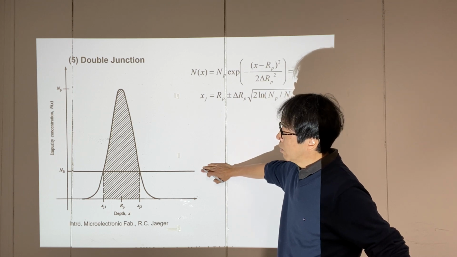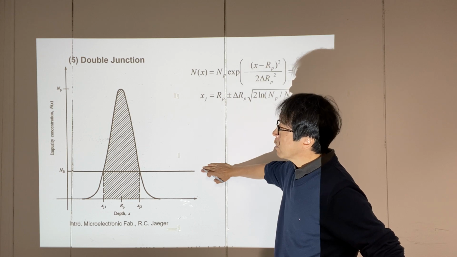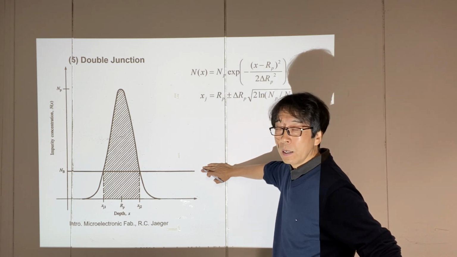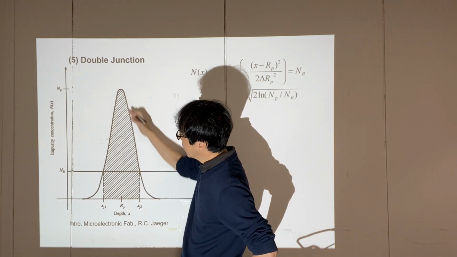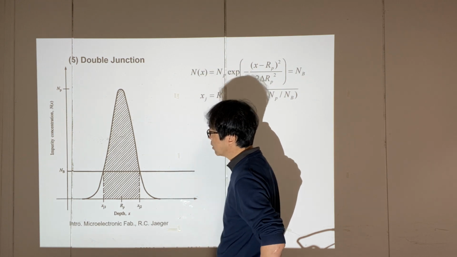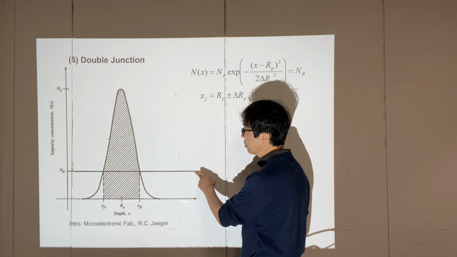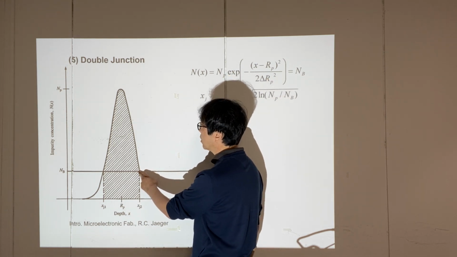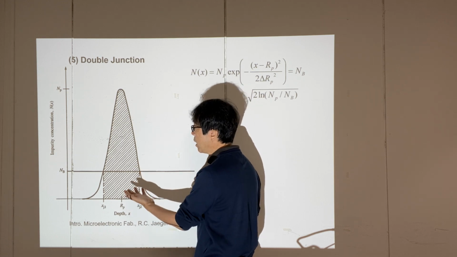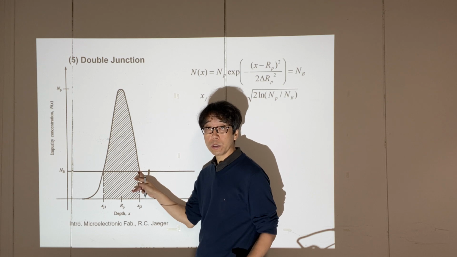For example, an N-type wafer, and on the surface of the N-type wafer, you would ion implant P-type material like boron, and look, you will have this kind of Gaussian distribution as you expected, and every time this background concentration becomes the same as the doped concentration, you would have an NP junction.